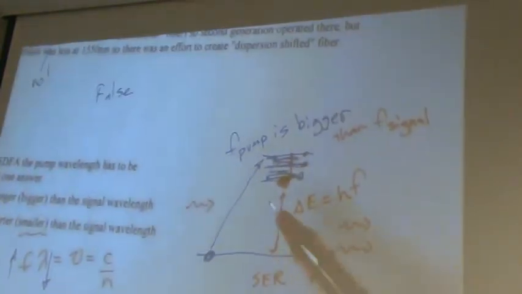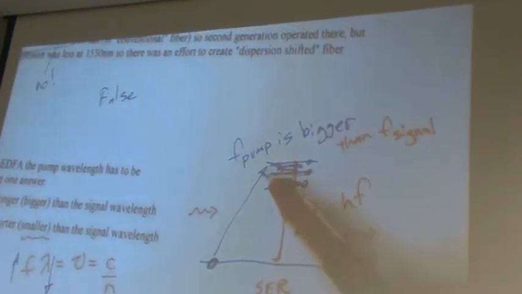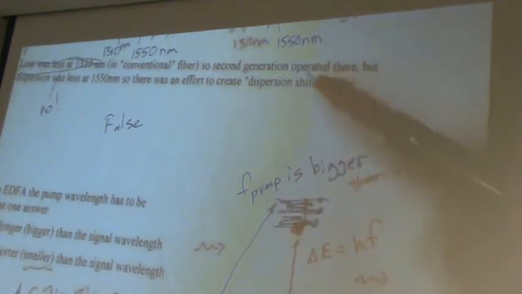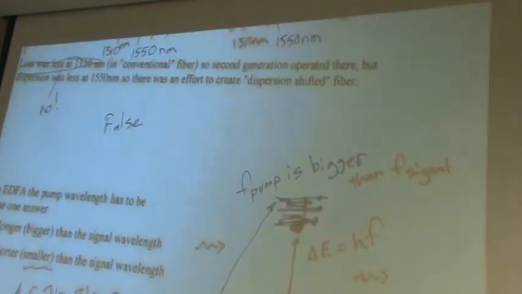So if I'm pumping with 1480, I go up to some set of energy levels. If I'm pumping with 980, I go up to some other set of energy levels. And both are used in practice.